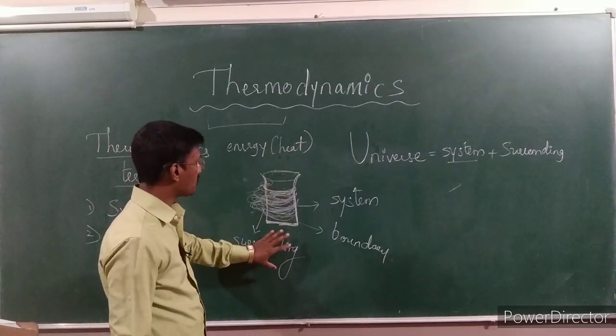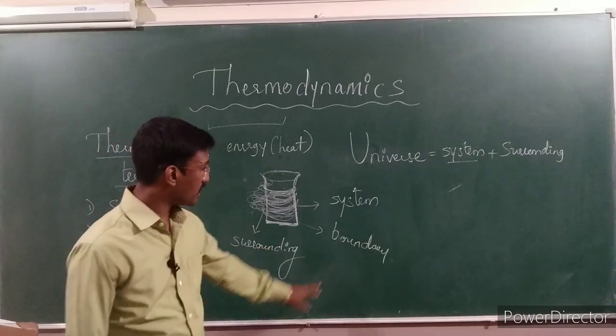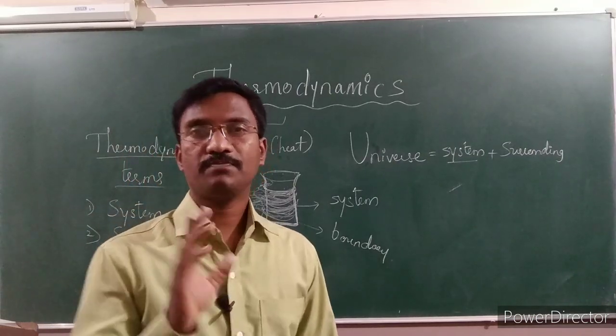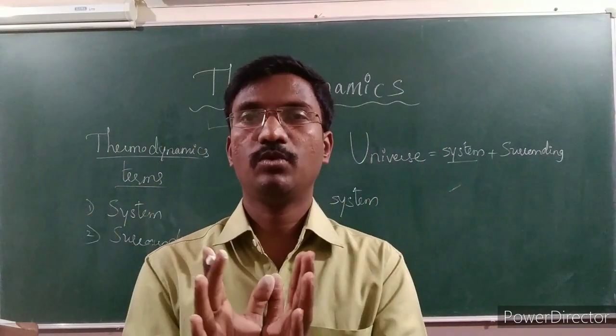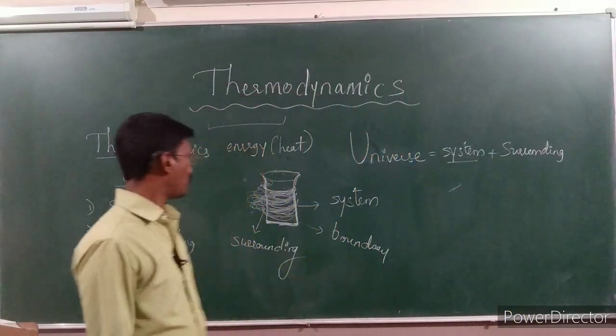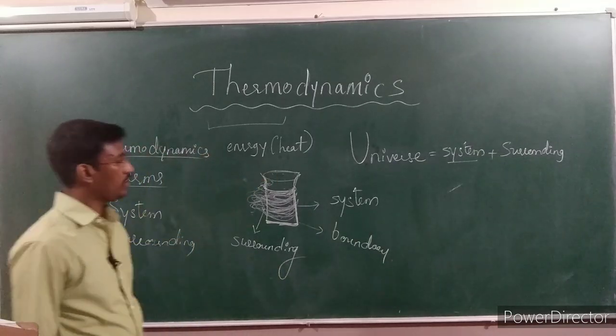Here, system and surrounding are differentiated by an imaginary line that is called the boundary. This is the main thing. The surrounding is nothing but everything apart from the system. Together, system and surrounding we are going to call the universe.